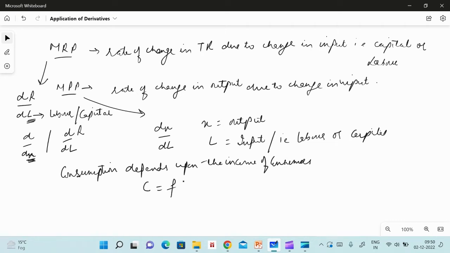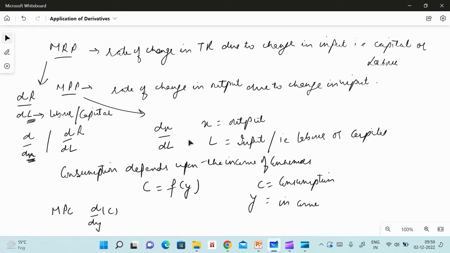So we can write that C is a function of Y, where C is consumption and Y is income. So marginal propensity to consume is defined as the derivative of C, means derivative of consumption with respect to income.